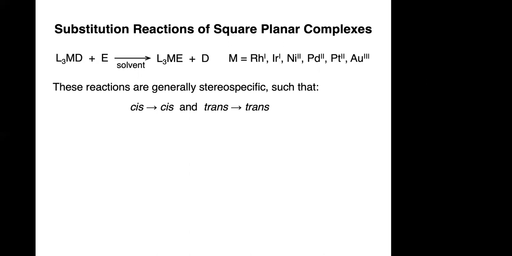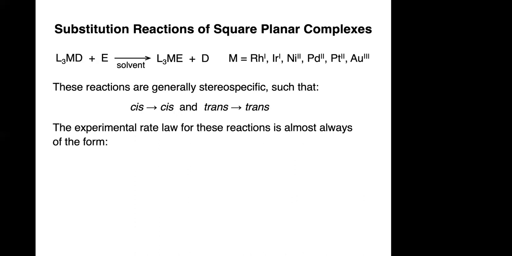And one observation is that the reactions are generally stereospecific, meaning that if we start with a cis reactant complex, then after the reaction, we'll maintain a cis stereochemistry. If we start with trans, then we'll maintain trans during the reaction. So whatever mechanism is operational needs to be consistent with those observations.